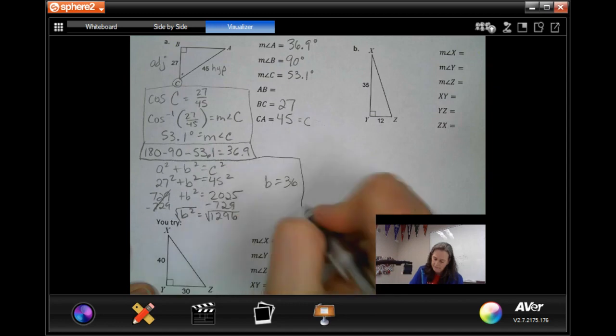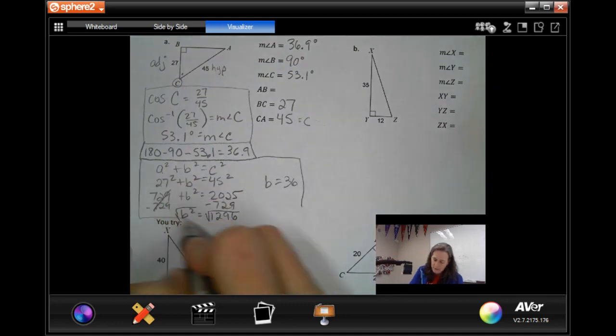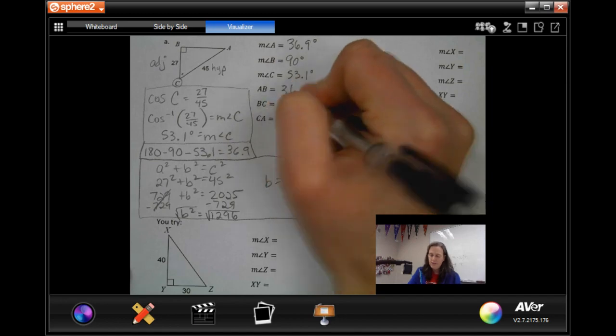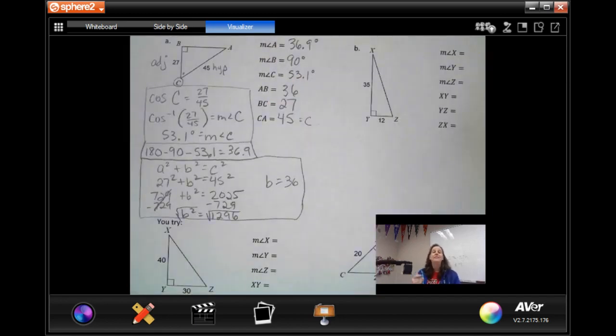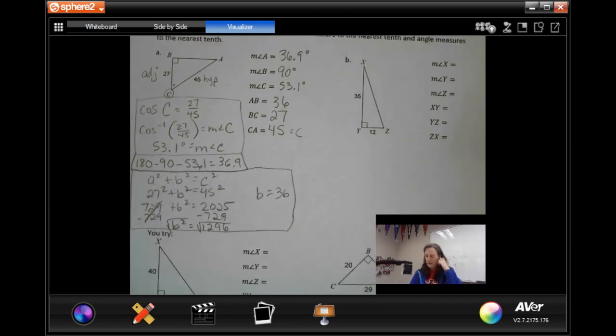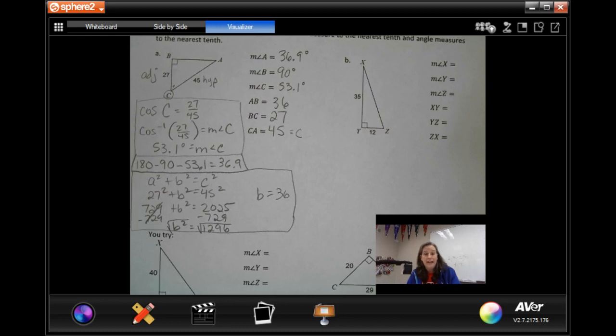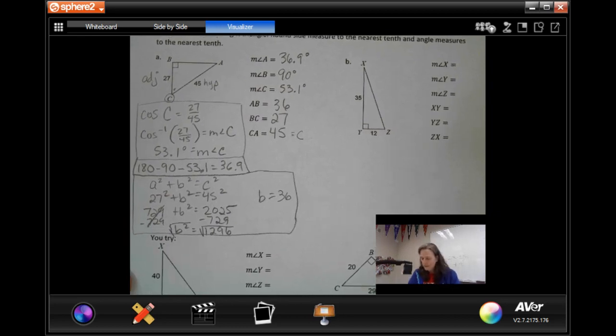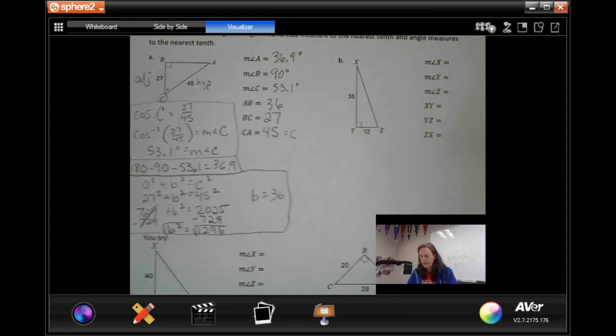Love that. Okay. So that was our Pythagorean to find that third side, which we now know is 36. That is the solution. We just solved that triangle. So several steps you might have to go through to get that done. Let's do one more together, and then we'll give you a chance to try some on your own.